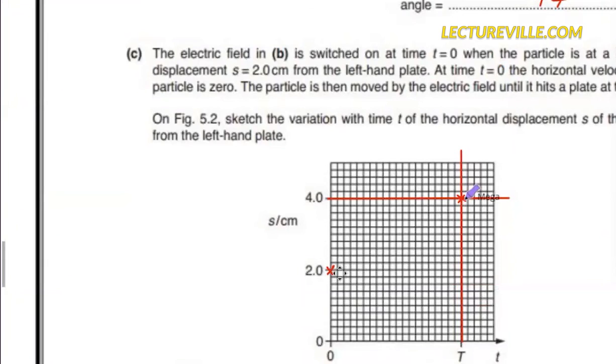What type of graph should we draw for something that has increasing speed? So the graph should be something like this. A graph with increasing gradient. Okay.